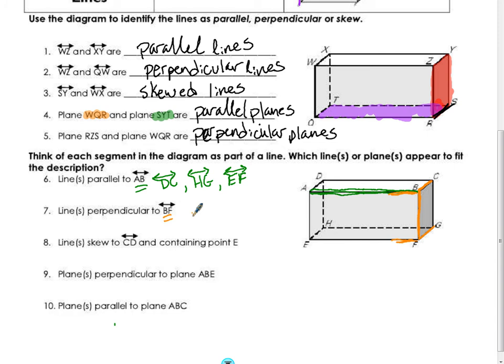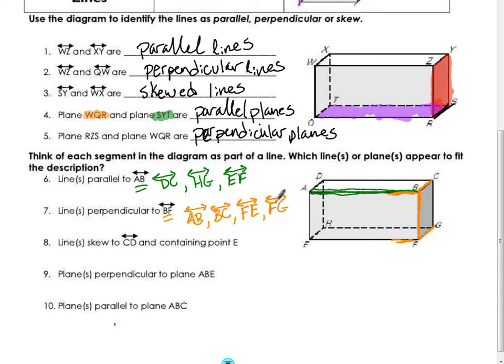The other one on the top on the side is BC. Down at the bottom I have EF or FE, the order doesn't matter for a line. And I also have FG. Those are all the lines that I could possibly form perpendicular to the line BF.